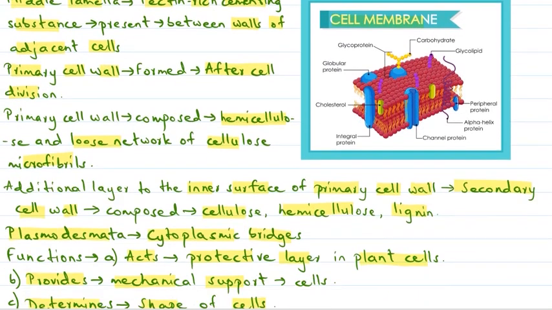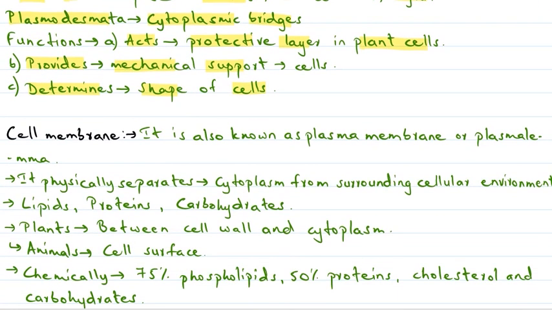Then we discussed that in plants, the cell membrane is present between the cell wall and the cytoplasm, whereas in animals, the plasma membrane forms the cell surface itself, because there is no cell wall present in animals.